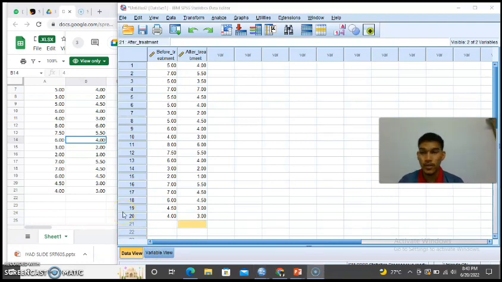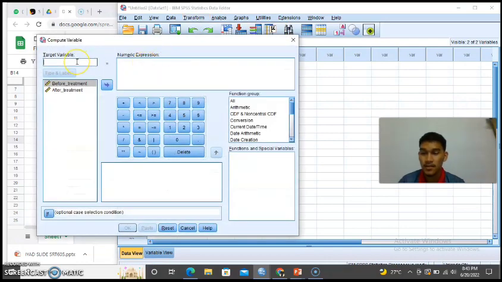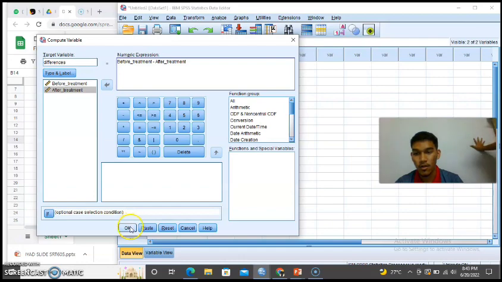Okay, after we put in the data, we need to compute the differences. How to do differences? Go to Transforms, Compute Variable, and at target variable we write differences, and click before treatment minus after treatment, and after that click OK.